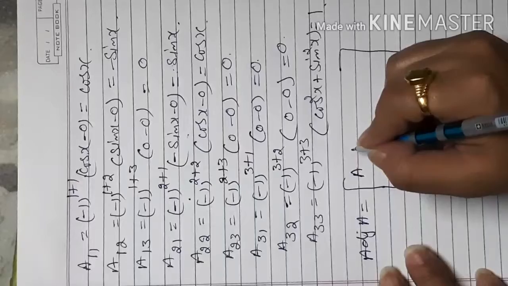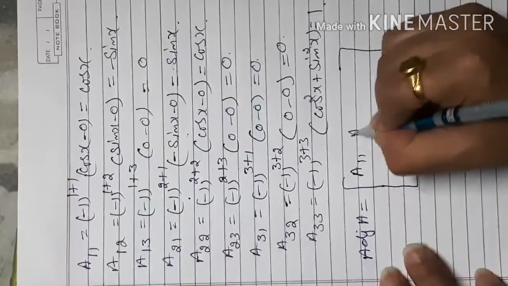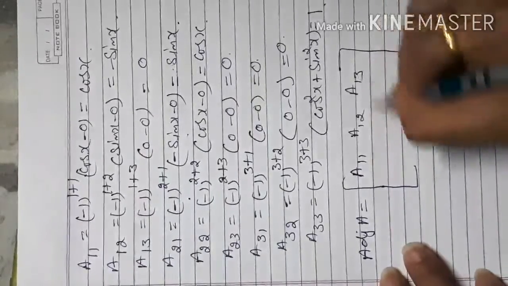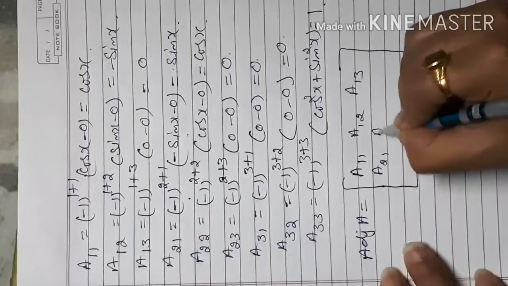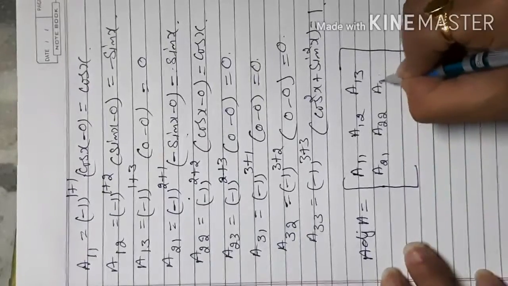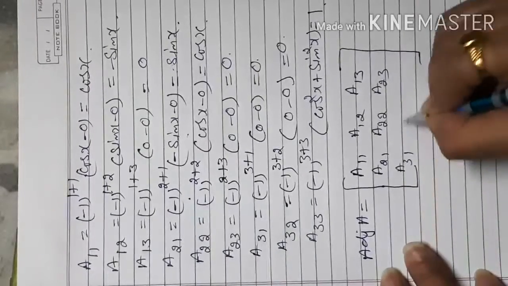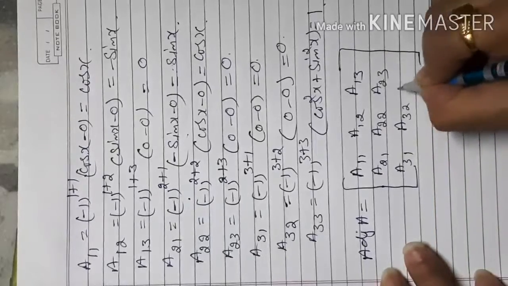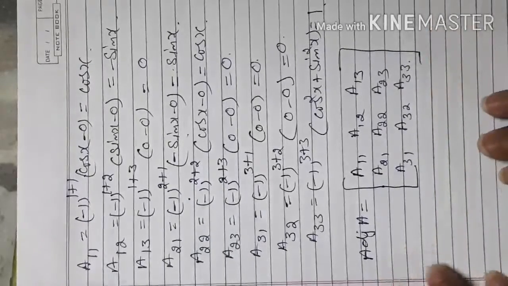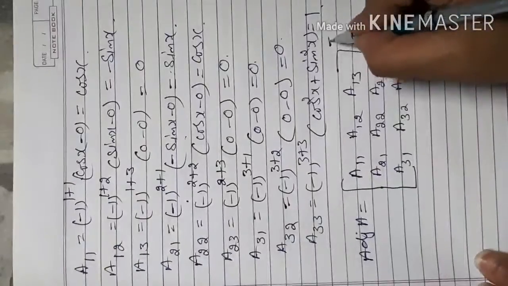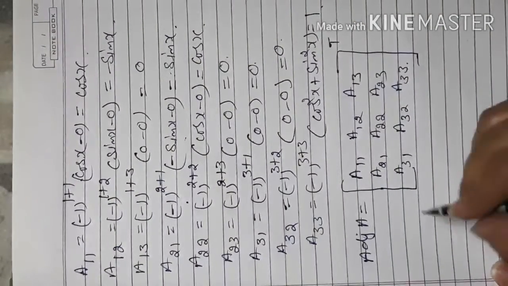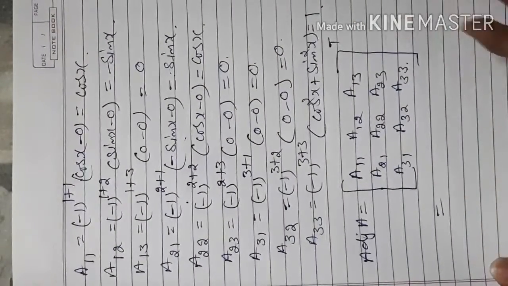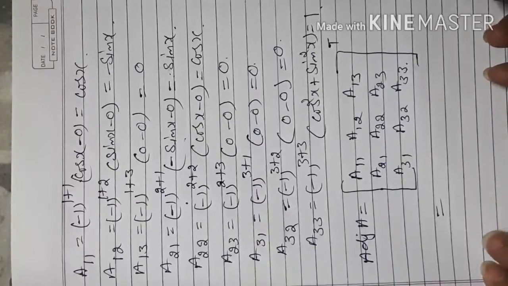To find the adjoint A: first row first column, first row second column, first row third, second row first, second, third, third first, third second, and third third. Now you replace the values, and transpose is above that. Either you can mark it as dash or T, both are acceptable.